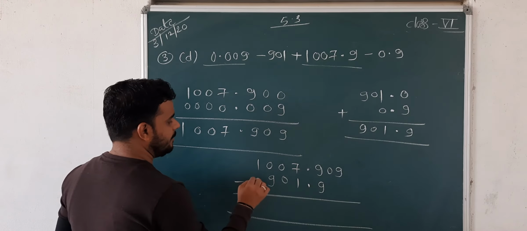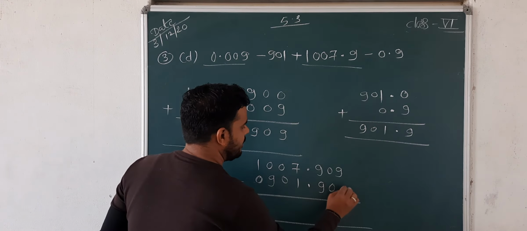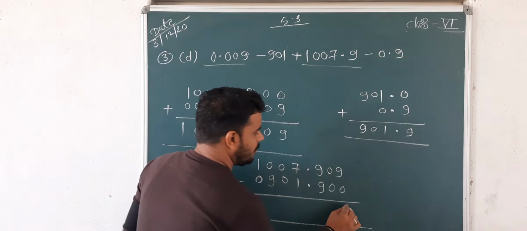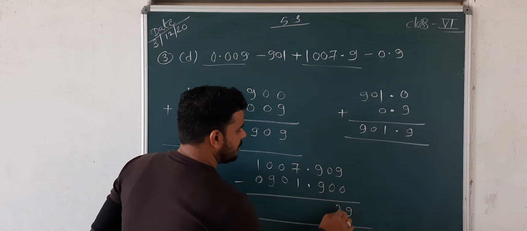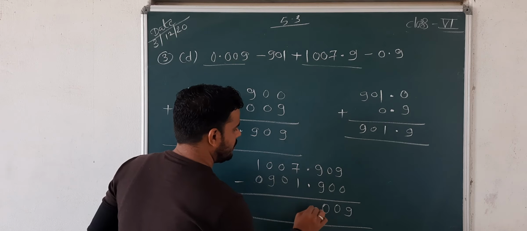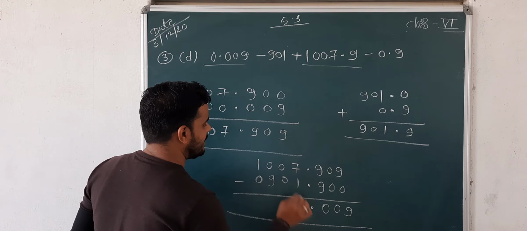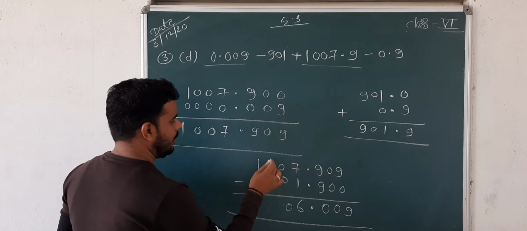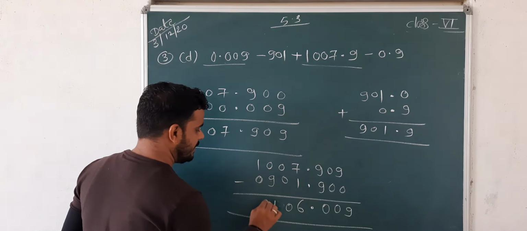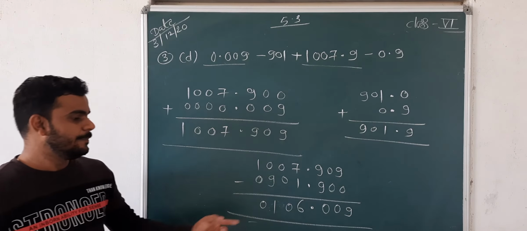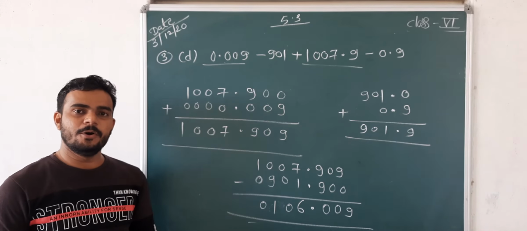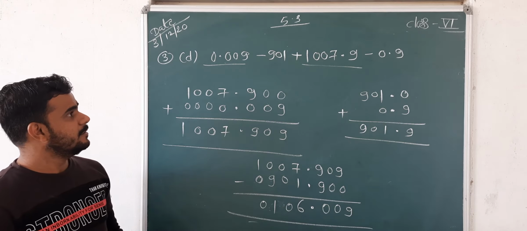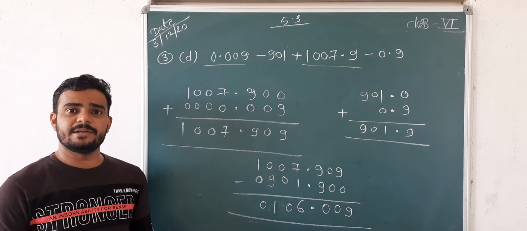Okay, so negative symbol is here, 0, 0 and 0. So 9 minus 0 then 9, 9 minus 9, 0, again 0, 7 minus 1 then 6, 10 minus 9 then 1 and 0. So the final answer is 1006.009. Okay, so this is the way to solve. So take the screenshot and write in notebook.